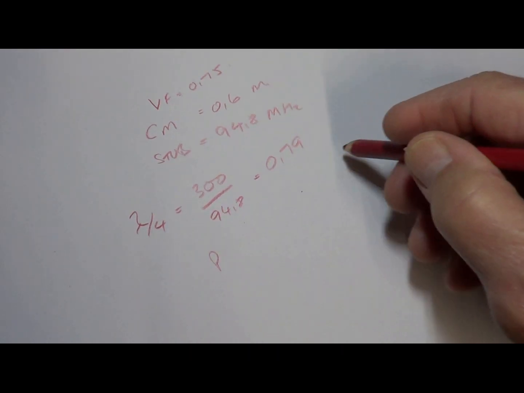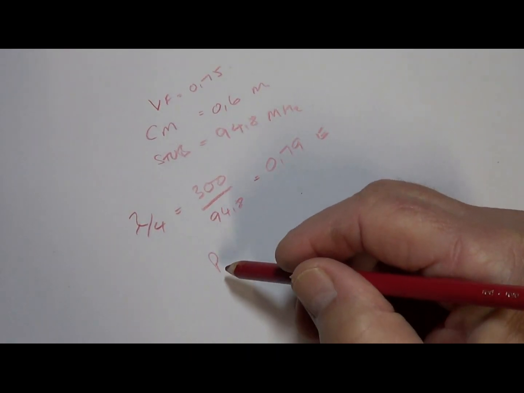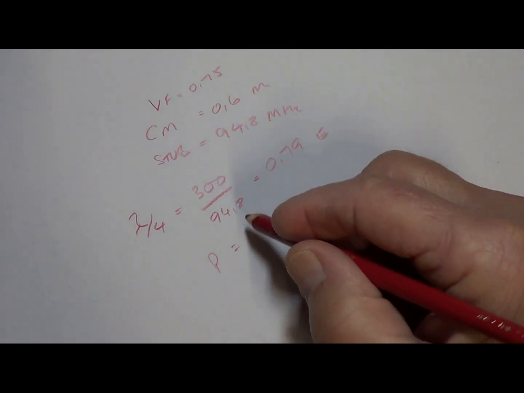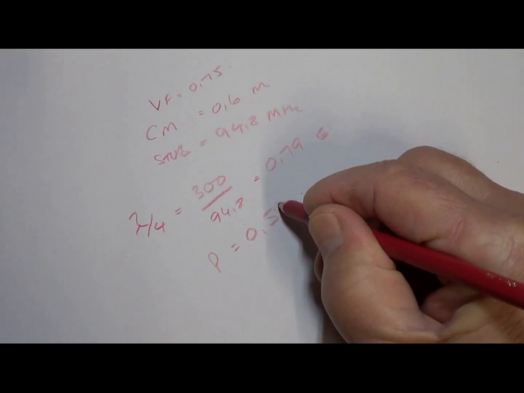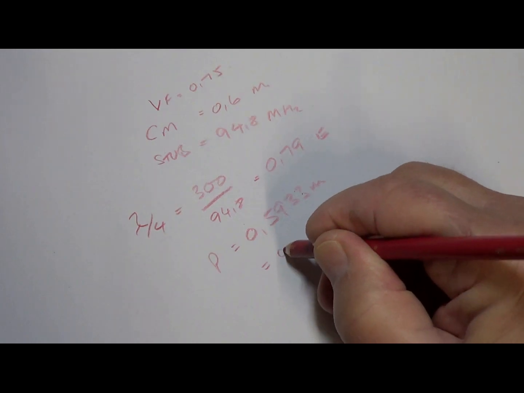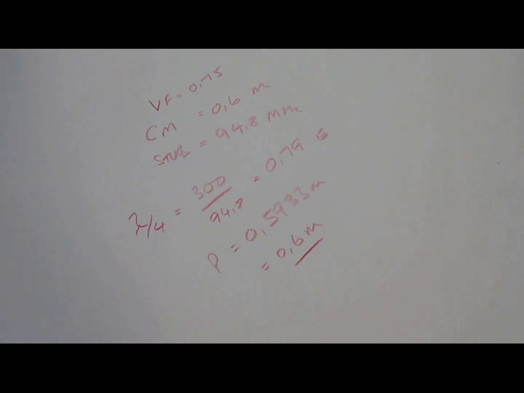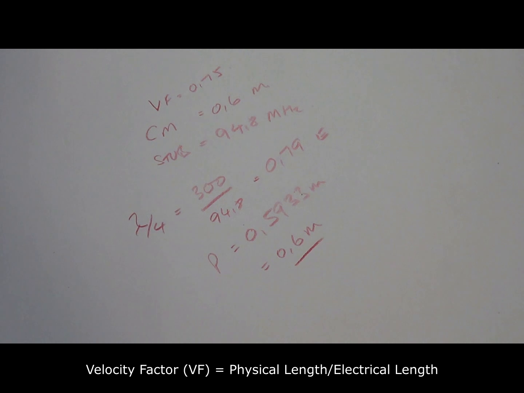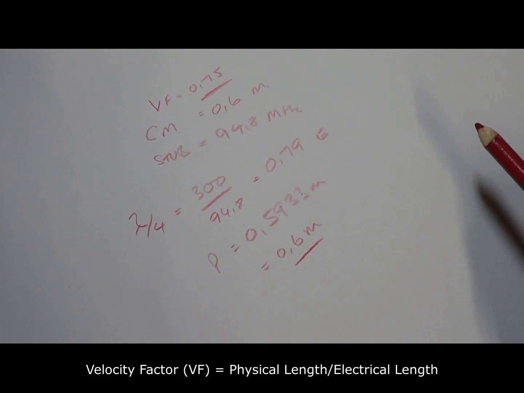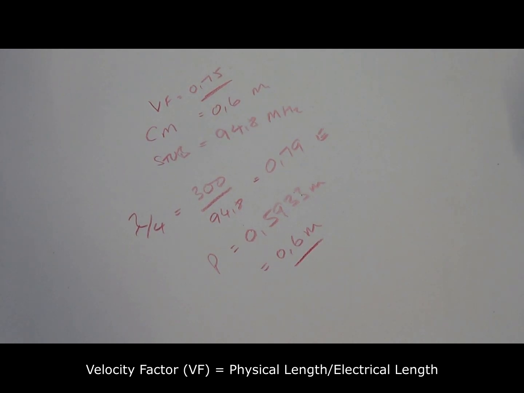Okay, our electrical cable length is this one. This is electrical, but here's our physical cable length. It measures on the calculator at 0.5933 of a meter, which effectively is 0.6 of a meter. We can round up. So we have now just proved that the velocity factor of this cable is 0.75, and we have also proved that the length we measured is equal to what we can work out electrically.